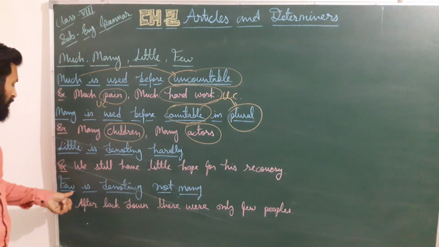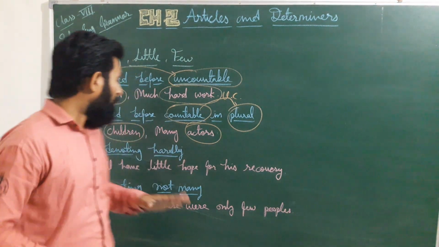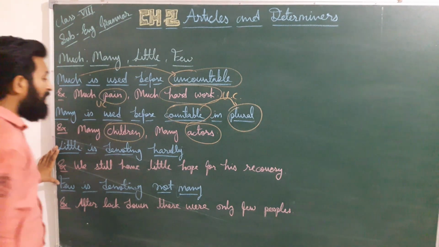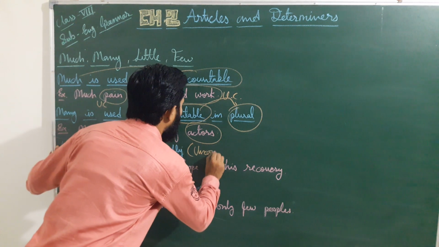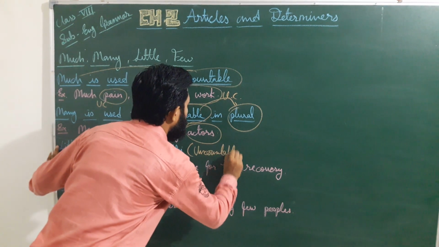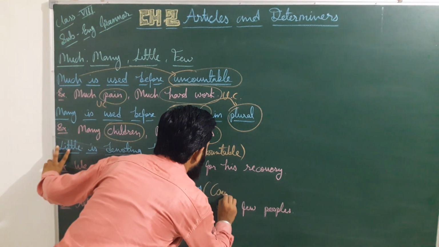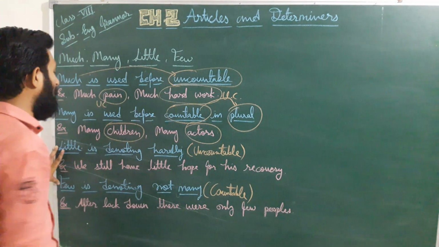Few, dear students, few is denoting not many. Not many means only little. The most important difference between both is that little is used with uncountable cases, and few is used for countable cases. It is the main difference between both of them.